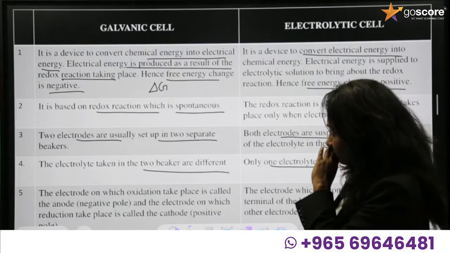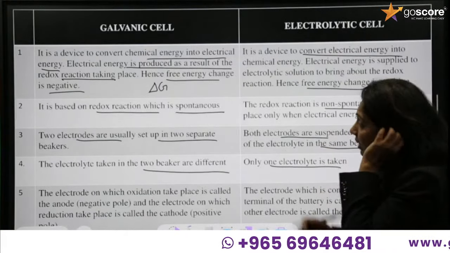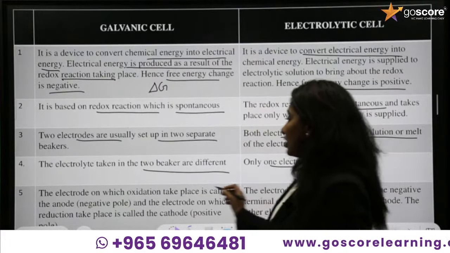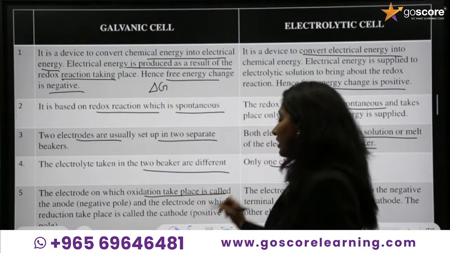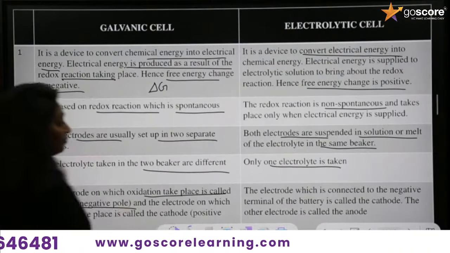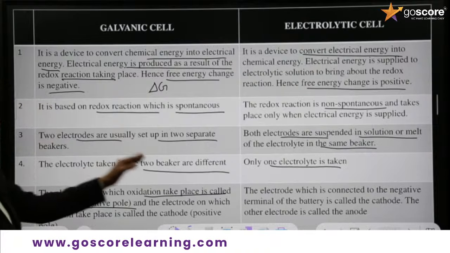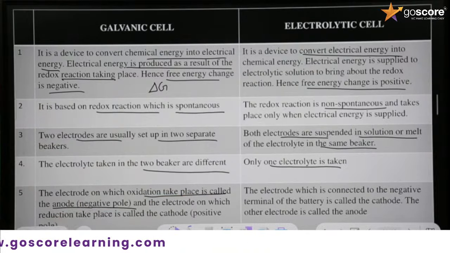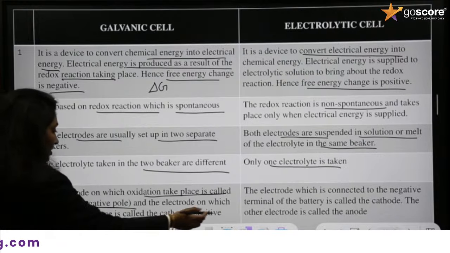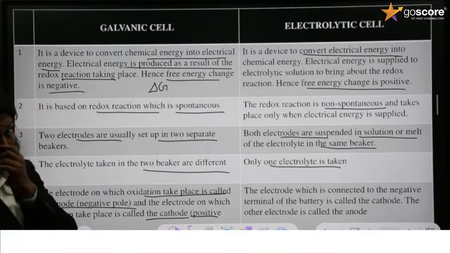Whereas in the galvanic cell, the electrode on which oxidation takes place is called the anode and is the negative pole, and the electrode on which reduction takes place is called the cathode and is the positive pole of the galvanic cell.